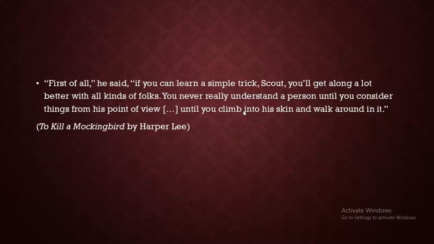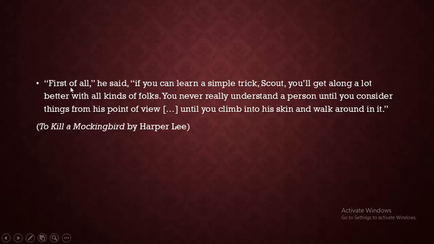Let's have a look at an indirect characterization, an example from literature. I forgot to give it a heading, so excuse me for that. This extract has been taken from the novel To Kill a Mockingbird, a very famous novel by Harper Lee.